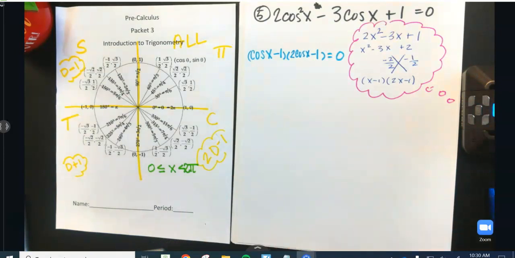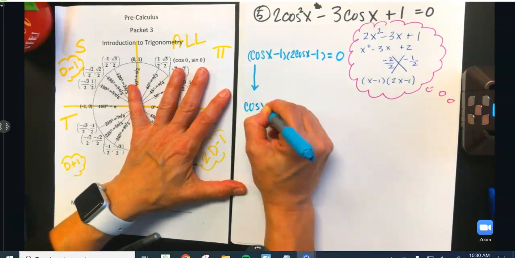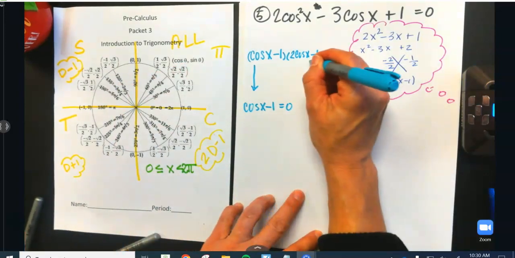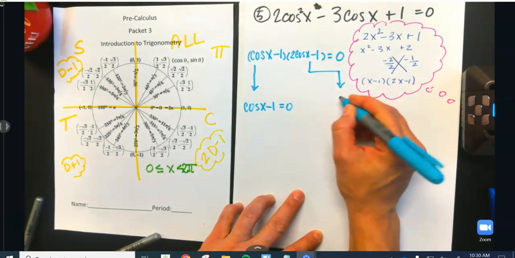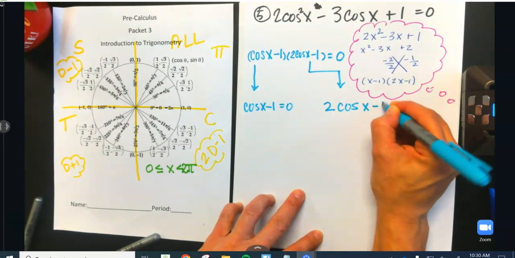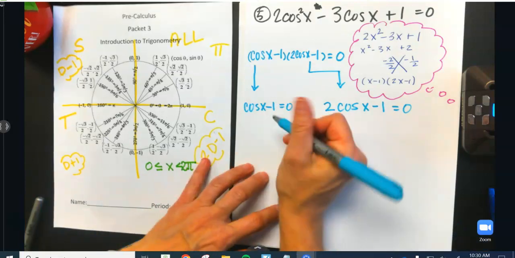And then what do we do? We set each of them equal to 0 and solve. So we're going to have cosine x minus 1 equals 0, and then 2 cosine x minus 1 equals 0. Let's solve.